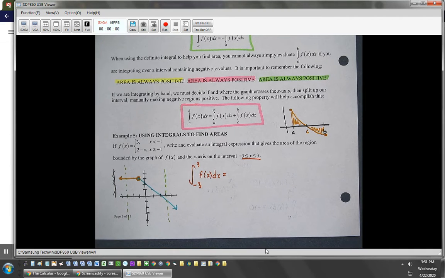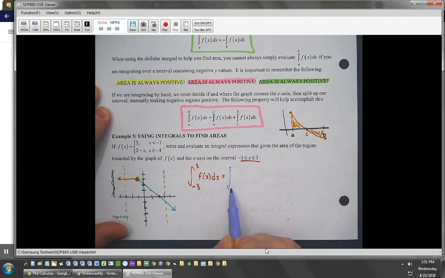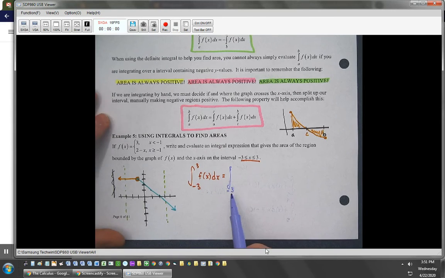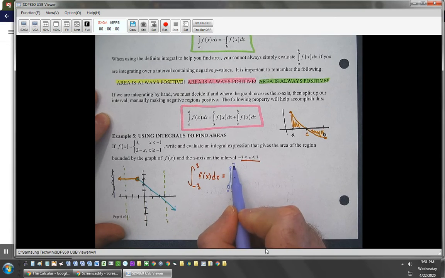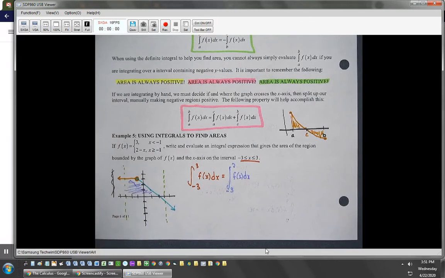I'm going to start off with the integral. I want to go from -3 to 2 first. That's going to find this area.